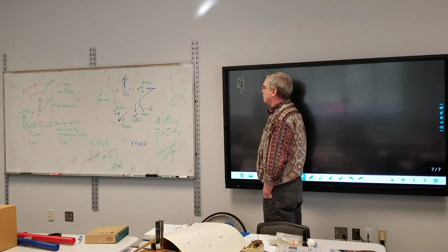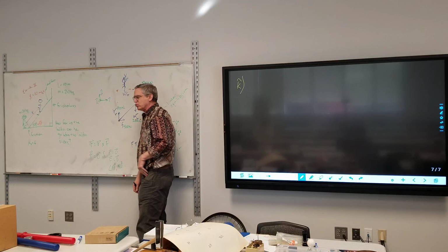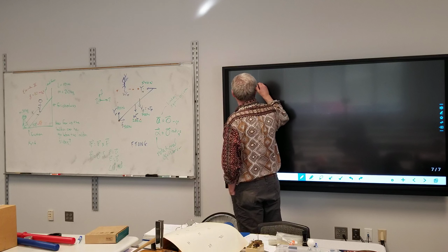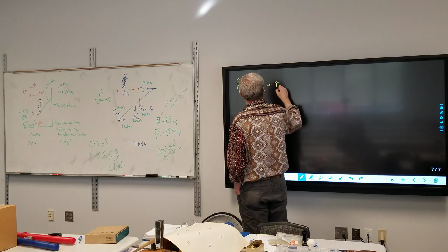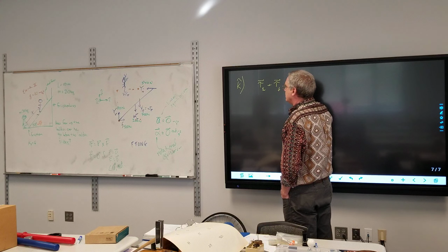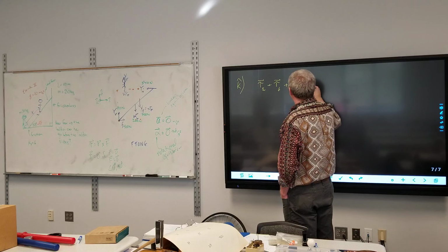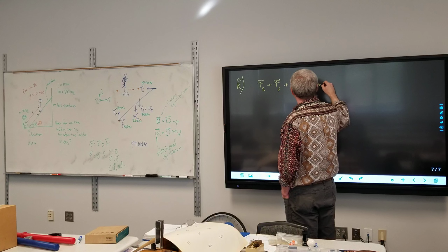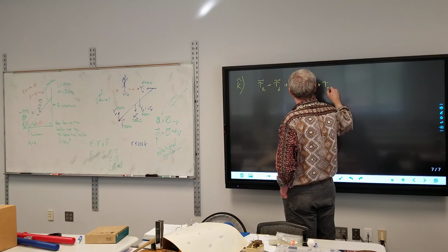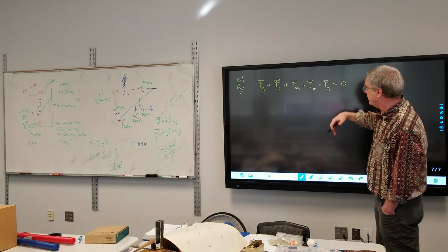So if that's my axis of rotation right here, the question is, which way is the force trying to make it rotate? So we basically have torque from Y sub V plus torque from the friction plus torque from the weight of the ladder plus torque from the normal force from the person plus torque from the wall, or Y sub H, equals 0, just setting up the 5 torques there.